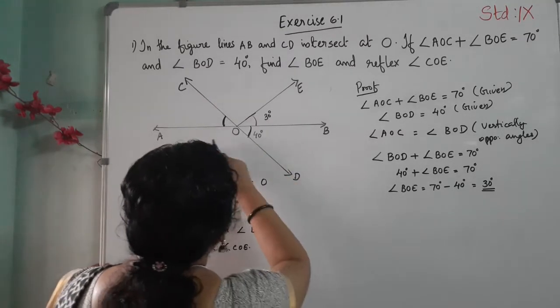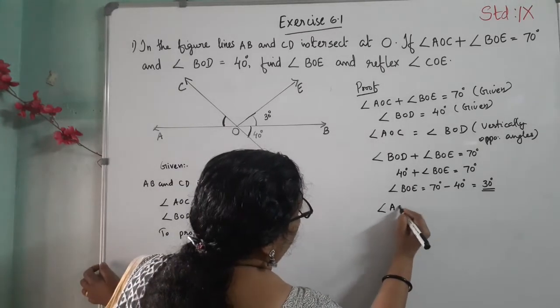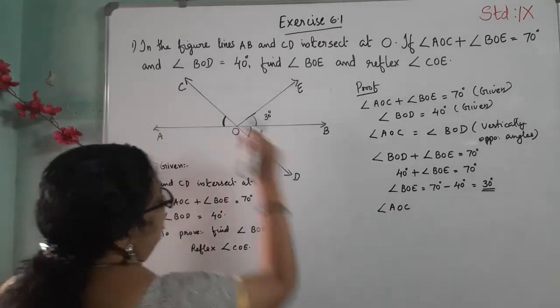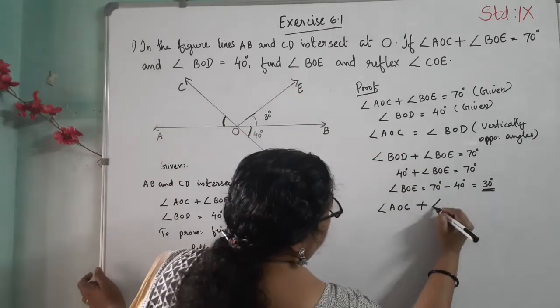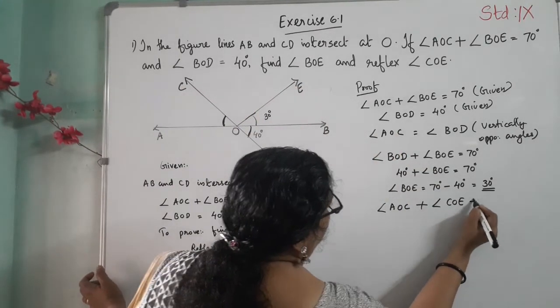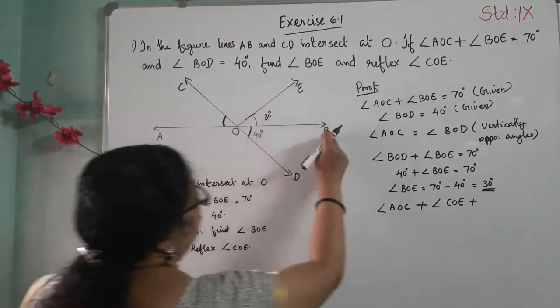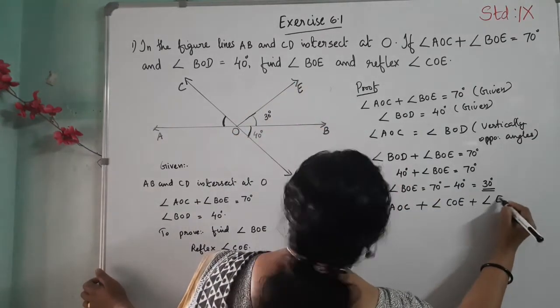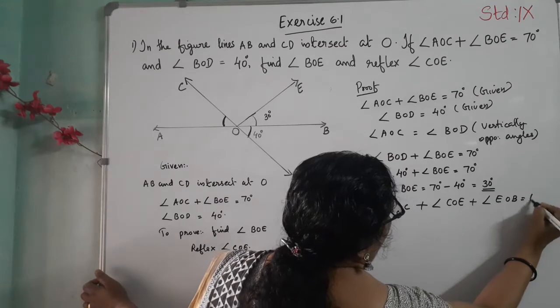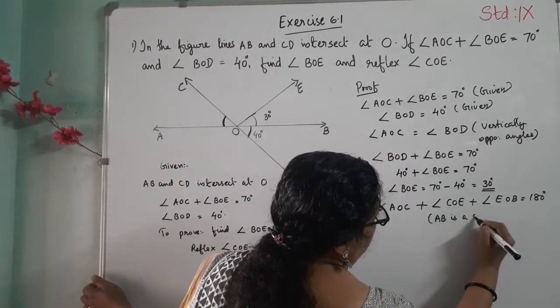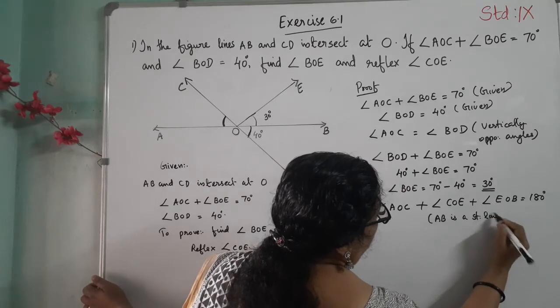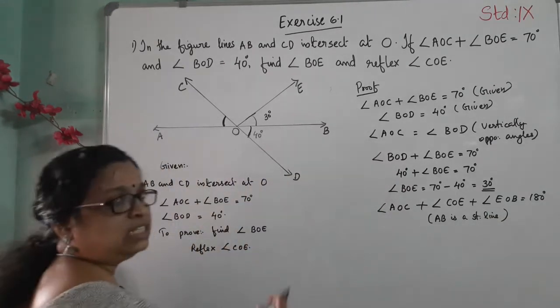So we can write angle AOC plus angle COE plus angle EOB equals 180 degrees, since AB is a straight line and its measure is 180 degrees.